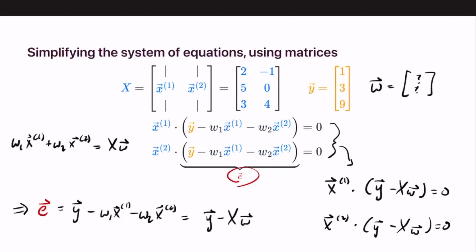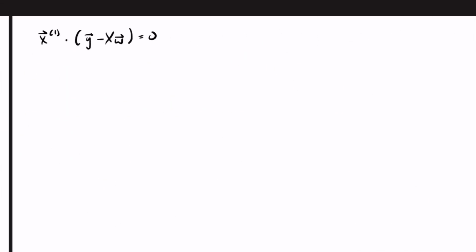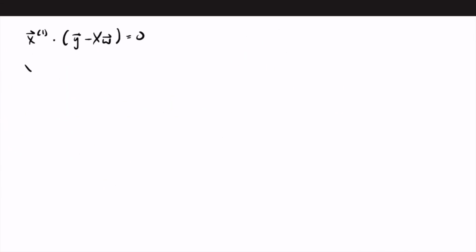So let's rewrite this. This will be x1 minus xw equals 0. And again, we're just rewriting these. That will be x2.